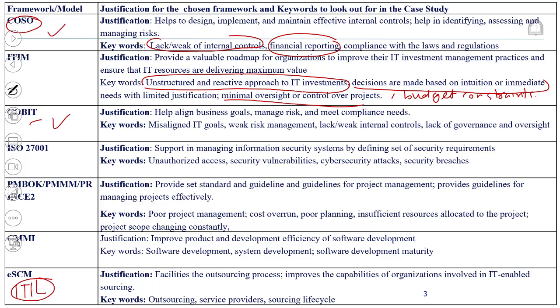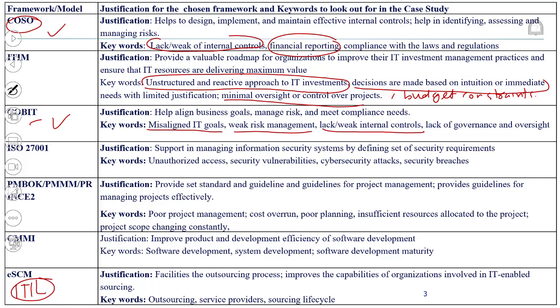COBIT is very, very similar to COSO, as I said earlier on. What you look out for are things like misaligned IT goals, weak risk management. If you see them in your case study, then you definitely should be thinking about COBIT. Lack of internal controls, look at that. Lack of internal controls is also there in the COSO.